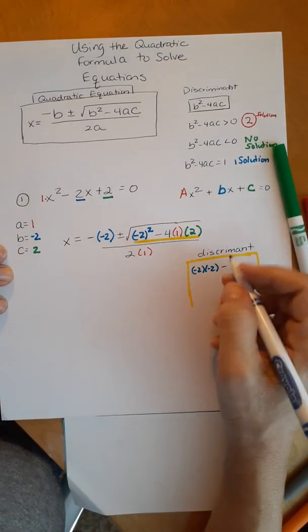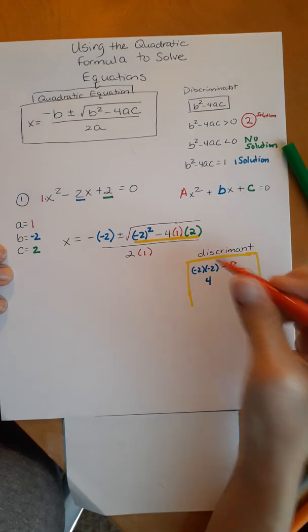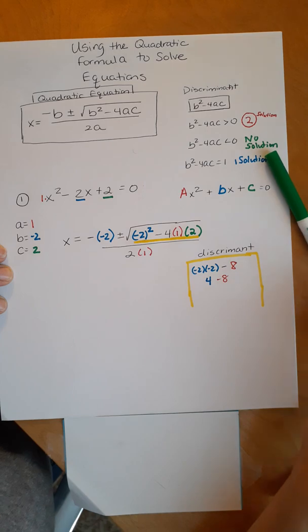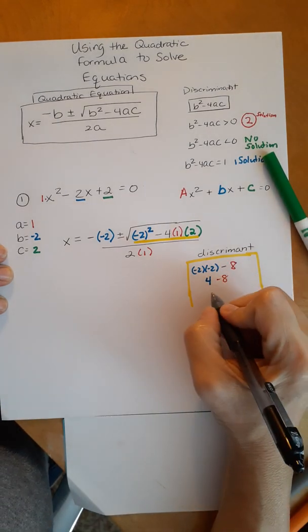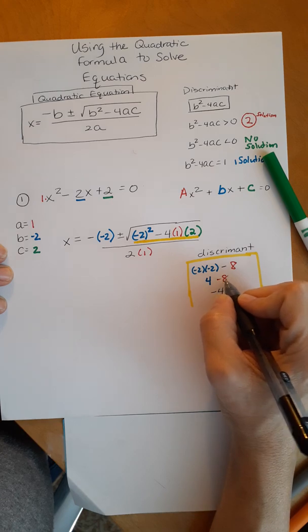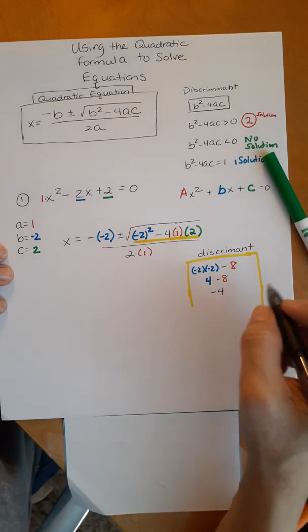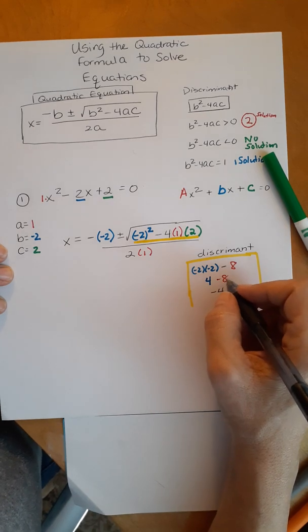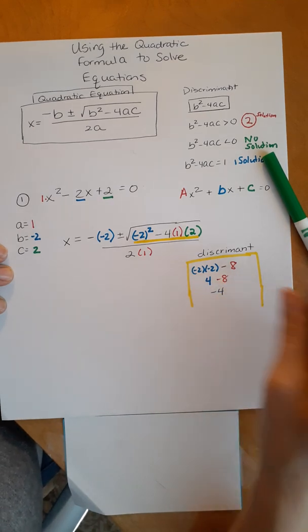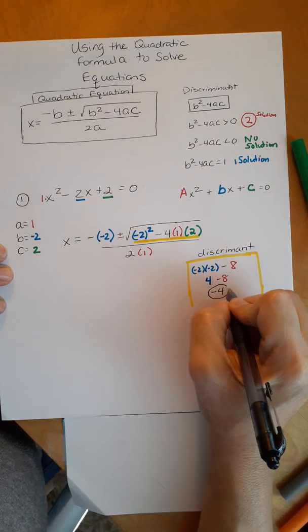What's negative 2 times negative 2? 4 minus 8. And what's our answer? Negative 4. I have $4. I owe 8. I use my $4 to pay my $8 debt, and I still have a $4 debt. So my answer is negative 4.